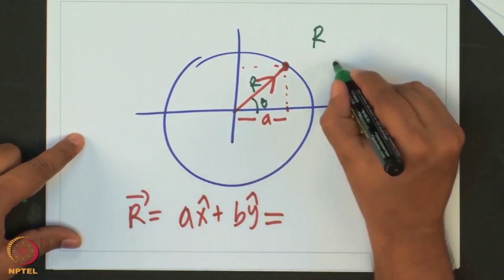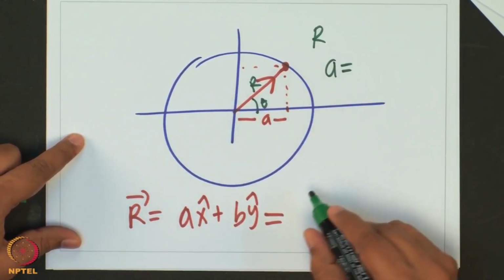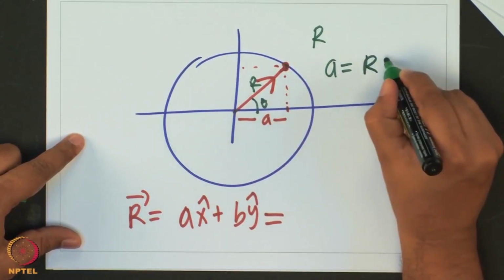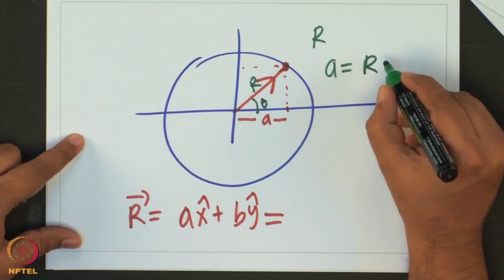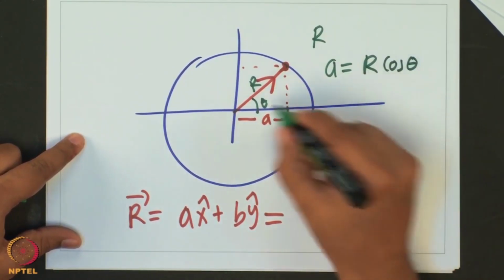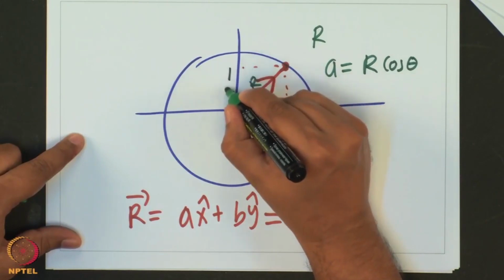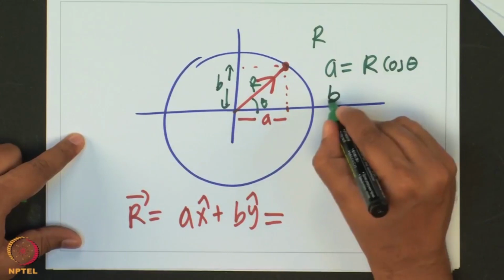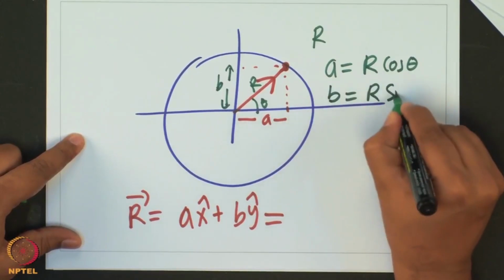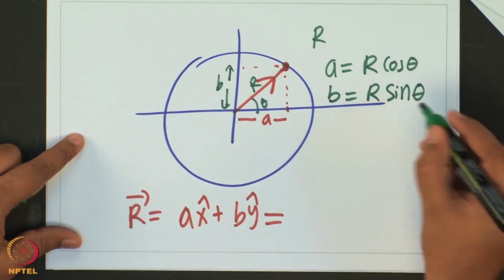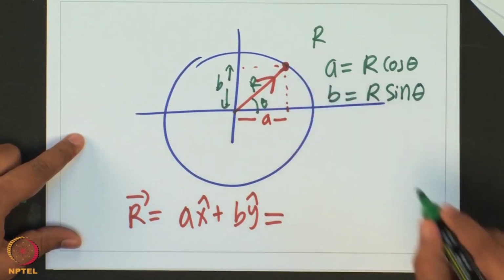Then this a is nothing but r cos theta. A will turn out to be r cos theta, and the b, which is this distance, will turn out to be r sin theta, which is the same as this distance.